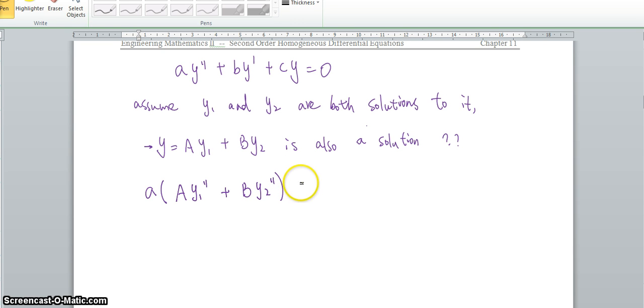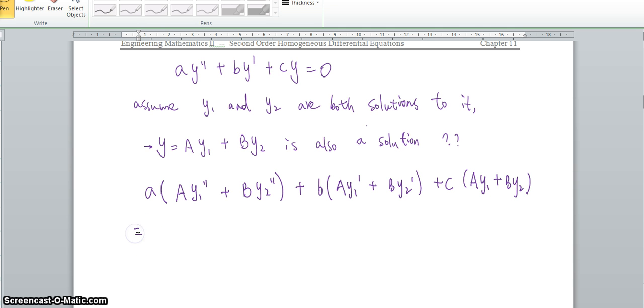Then plus b times y prime, so similarly we have y1 prime and y2 prime here, and then plus c times y, which is just a y1 plus b y2. If we want to say that this y is also a solution, we have to prove that this expression we just wrote down is 0.